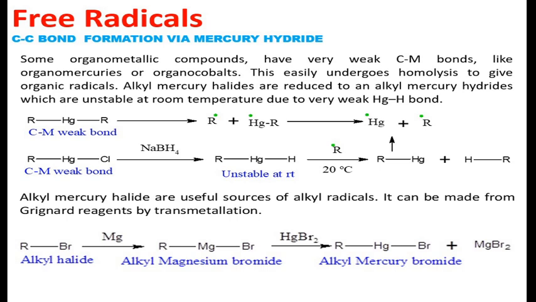Organometallic compounds have very weak carbon-metal bonds, like organomercury compounds or organocobalt compounds. The carbon-metal bond easily undergoes homolysis to generate organic radicals.